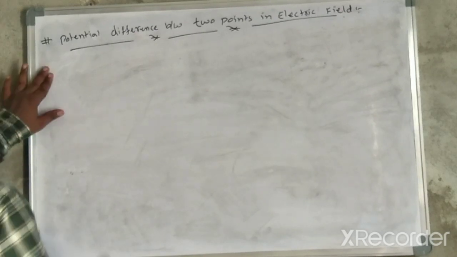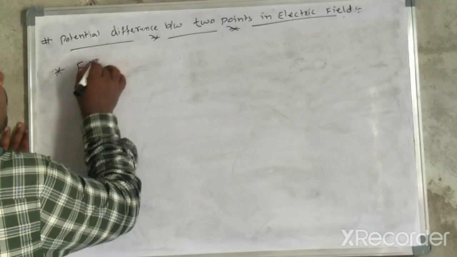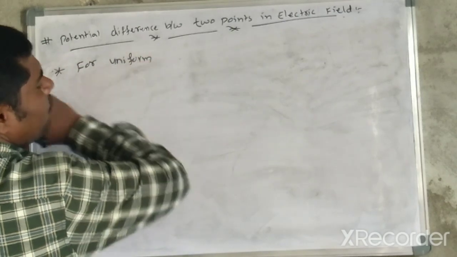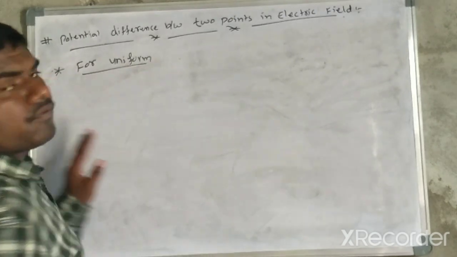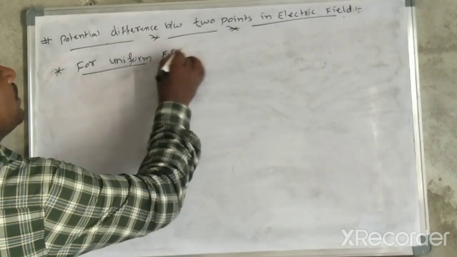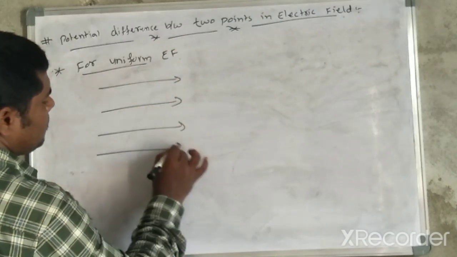Another point, for a uniform electric field. Let us consider this is the uniform electric field like this.